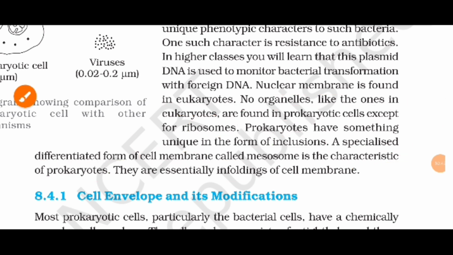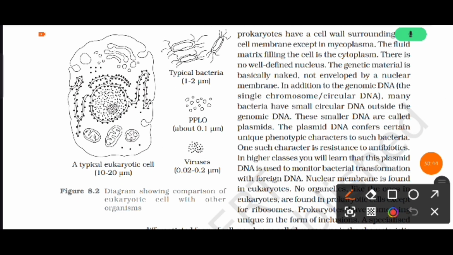Many people get doubts here, so let me clear your doubt. When we studied the size of the mycoplasma and the size of the bacteria, it was basically the length we studied. The length of the bacteria was given as 3 to 5 micrometer. Here the typical bacteria 1 to 2 micrometer is given. If this is a bacteria, then the length was 3 to 5, and here they are talking about the size, which is this one.